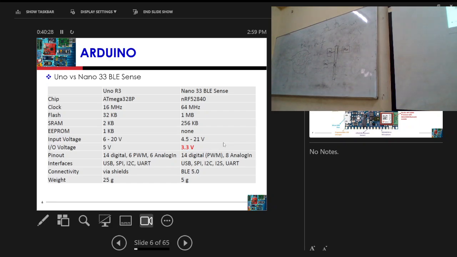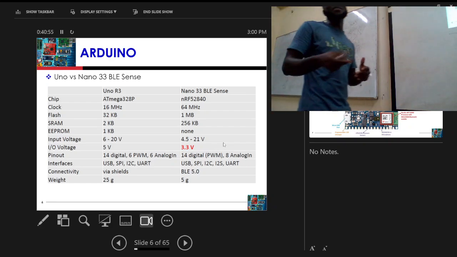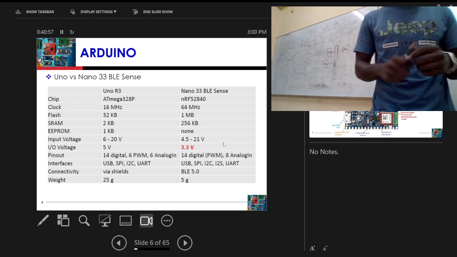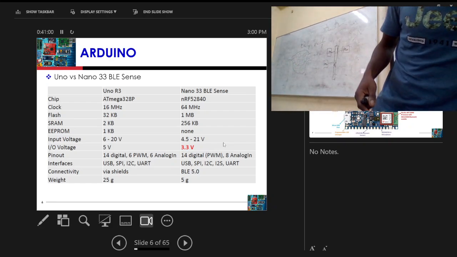What is the difference between input voltage and I/O voltage? Combine your heads. You see, at least they learn something in electrical engineering, but you guys here, computer engineers.